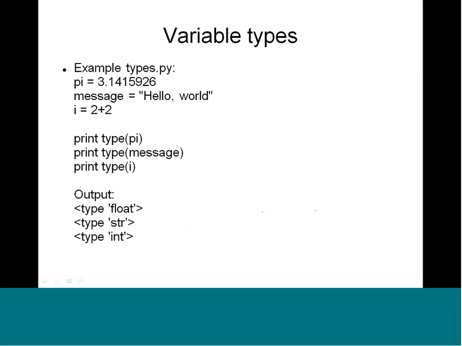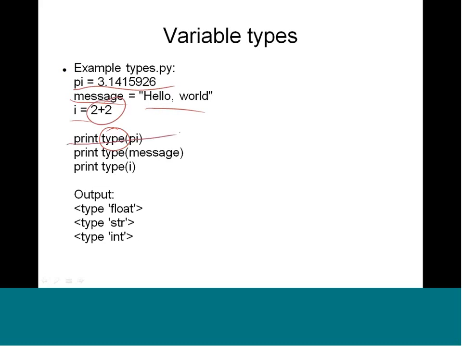So here there is a function call. We haven't introduced functions, but let's say there is a function called type that determines what kind of type it is. So here we define pi as 3.141596, the message is defined as hello world, and then i is an expression, 2 plus 2.